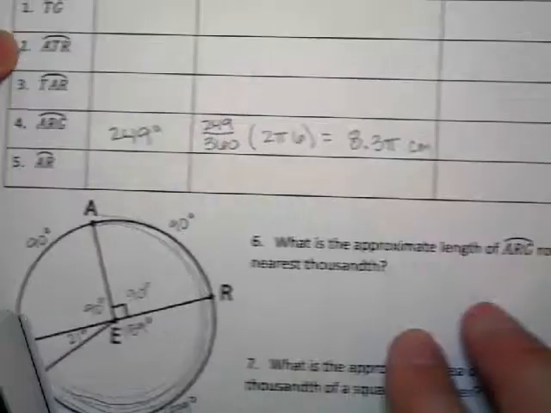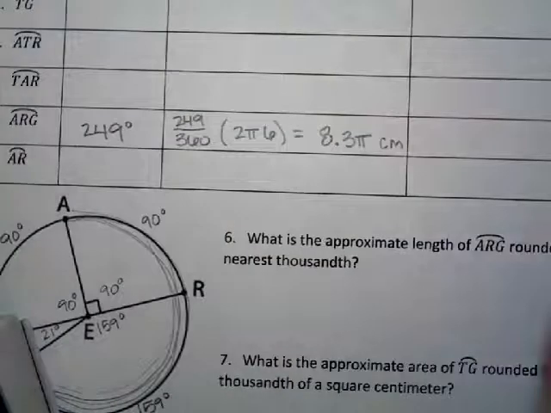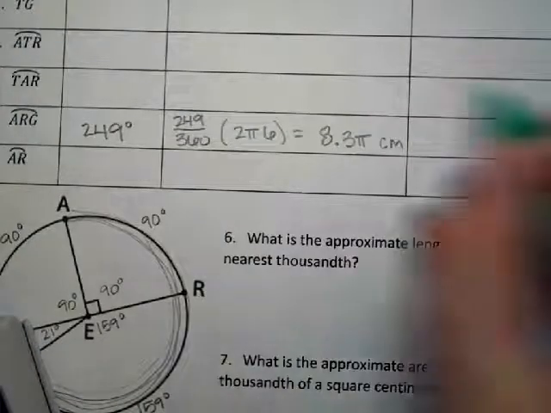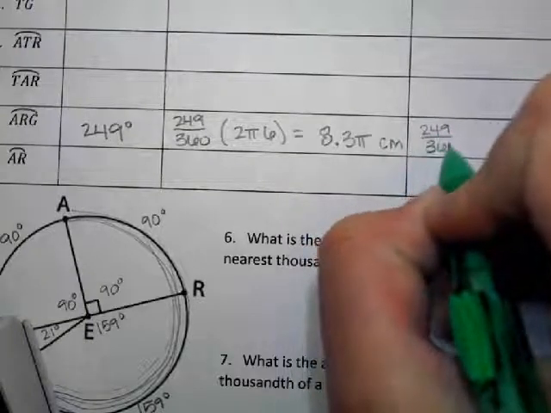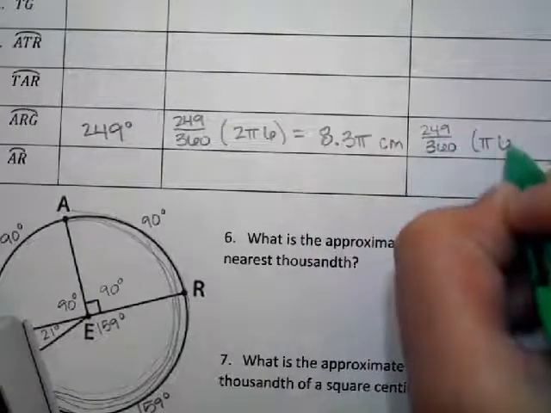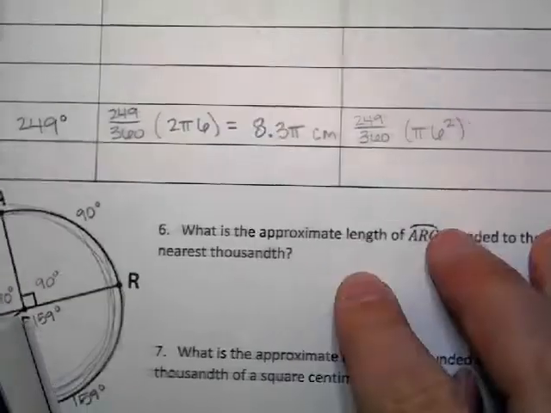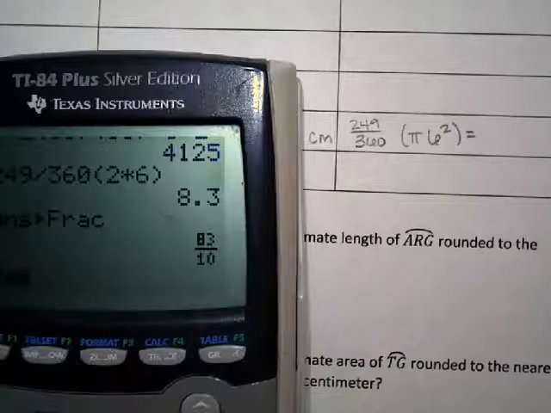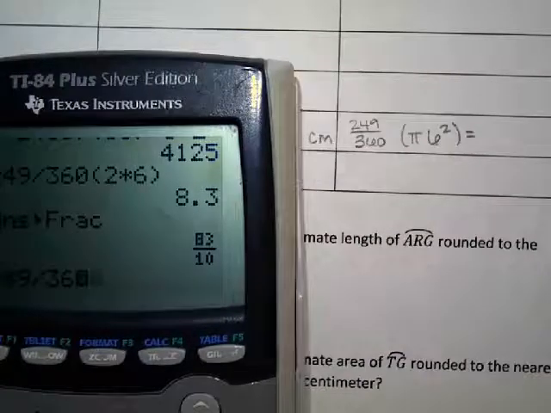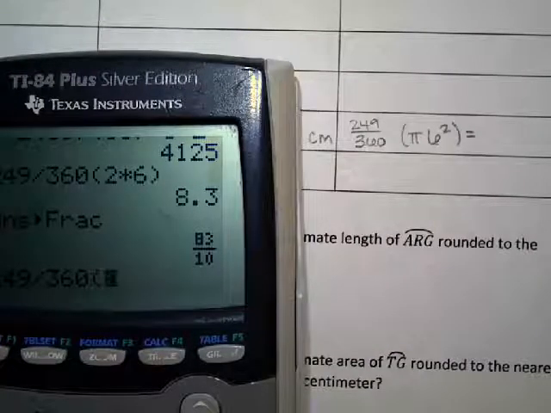Okay, and then what would I do for sector area? Pi 6 squared. Okay, so 249 over 360 times 6 squared.